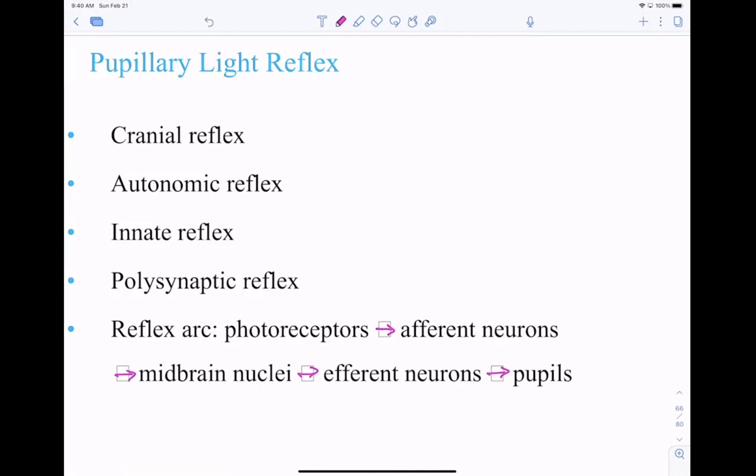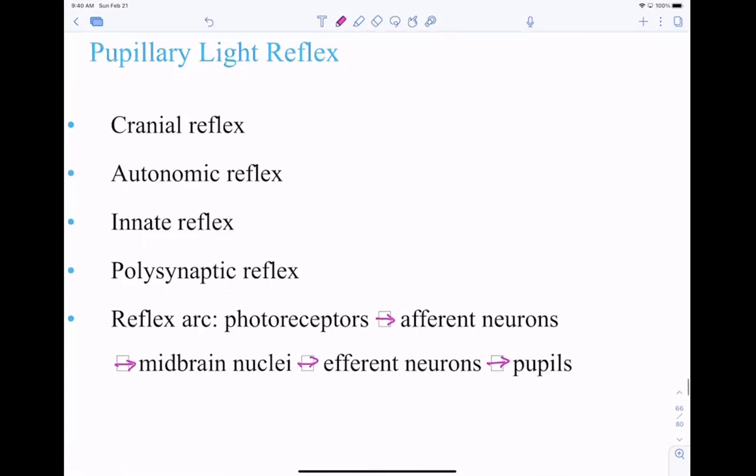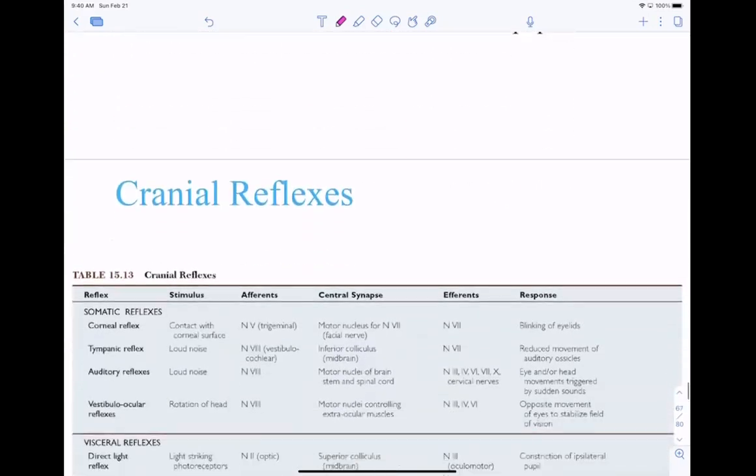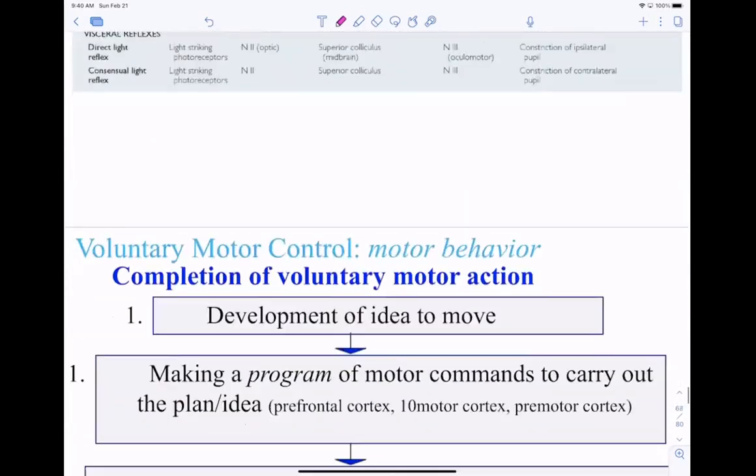With concussions, if it's bad enough and the brain is swelling, it's going to affect your pupillary light reflex. If you're on drugs, certain stimulant drugs like meth or cocaine will also affect this pupillary light reflex, right? So photoreceptors and goes into the reflex. This gives you some cranial reflexes.